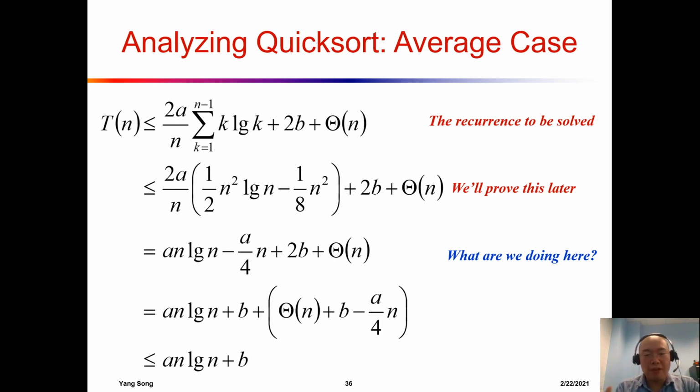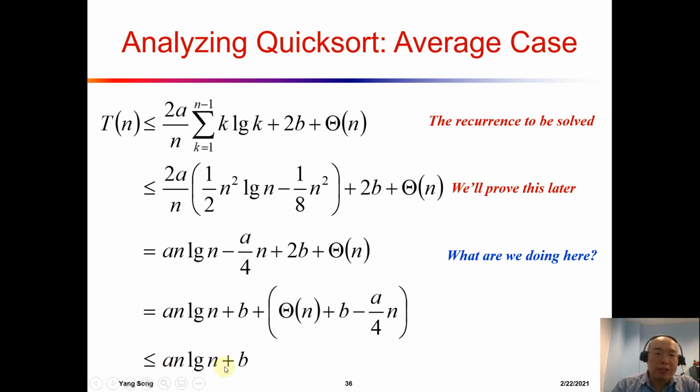By observing that it is linear to n, we know it can be absorbed by this A n log n, because n log n grows faster than linear. So whatever is in the parentheses can be absorbed by the A n log n.